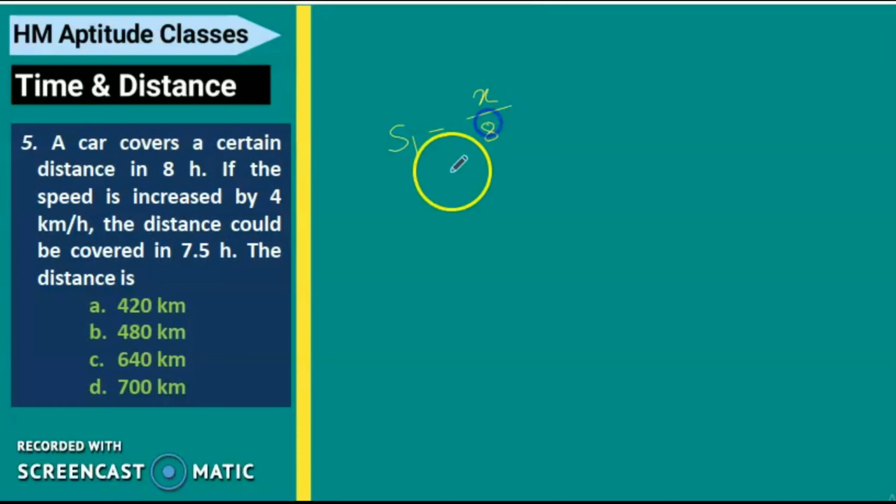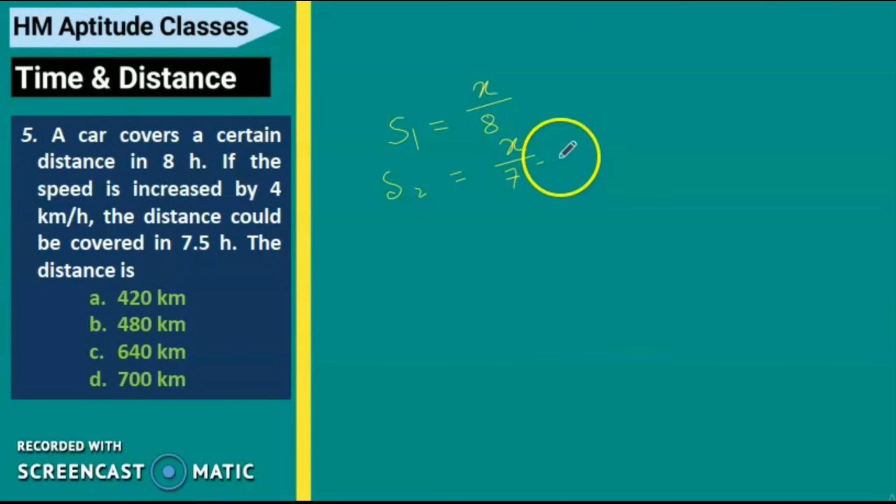Suppose the distance is x kilometer, then the first speed will be x by 8 kilometer per hour. Next, the second speed, when the time is reduced to 7.5 hours, will be x by 7.5. Since the speed is increased by 4 in the second case, s2 minus s1 is equal to 4, so x by 7.5 minus x by 8 is equal to 4.